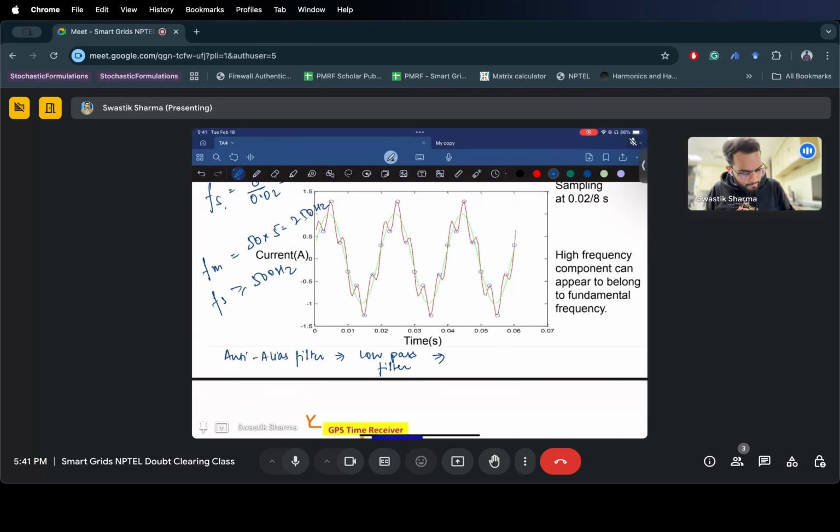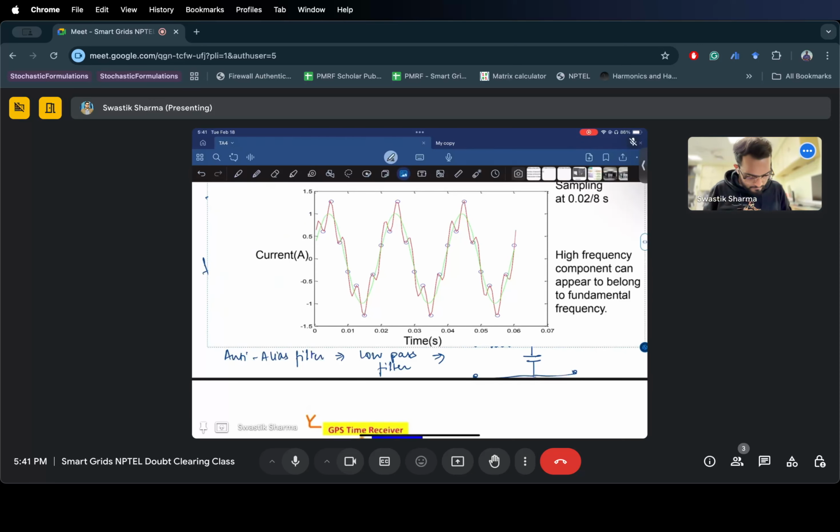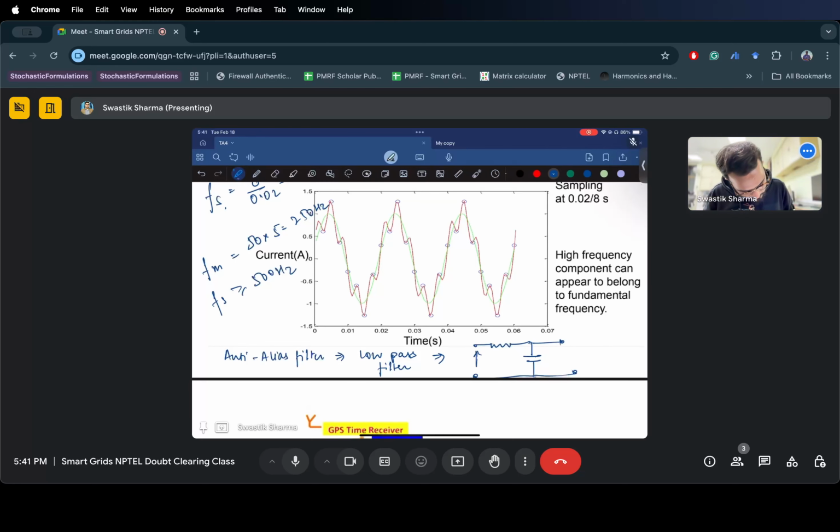A simple low pass filter is your RC circuit, right? Why? Can you tell me why an RC circuit is a low pass filter?